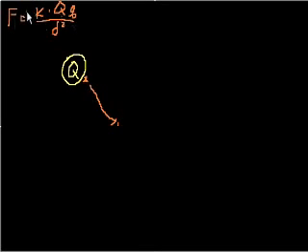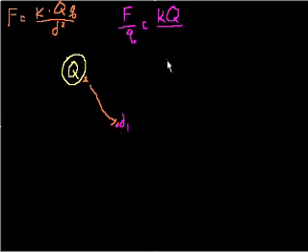So what we can do is take this equation up here and divide both sides by this small q and say, okay, the force per charge at this point, let's call that D1, is equal to Coulomb's constant times the charge of the particle that's creating the field divided by, in this case, D1 squared.